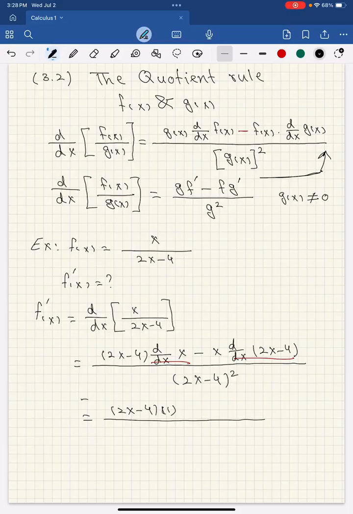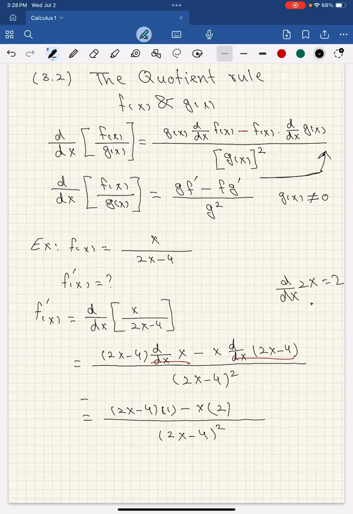Times 1 minus x times d dx of 2x minus 4 gives you 2, because the derivative of 2x is 2 and the derivative of 4 is 0, then it's times 2. Over, keep the denominator in factor form. Do not touch the denominator. Keep it this way, 2x minus 4 squared.